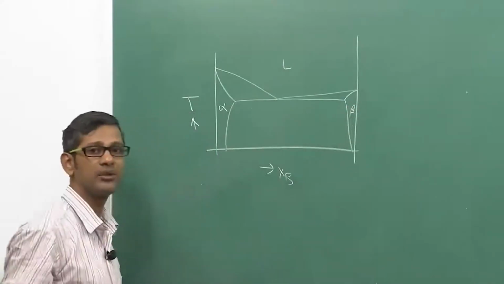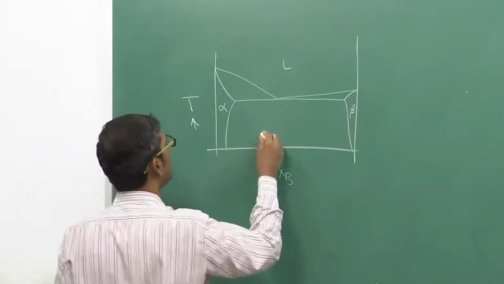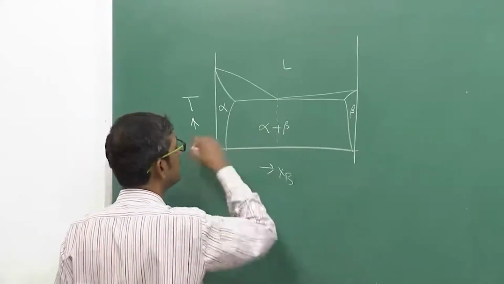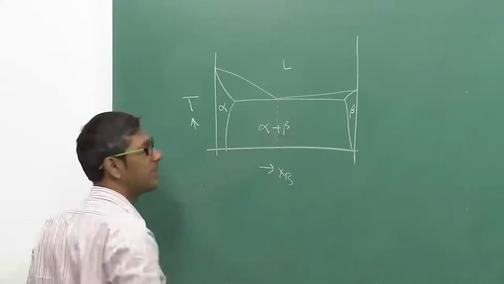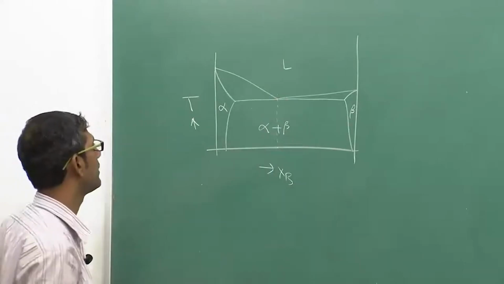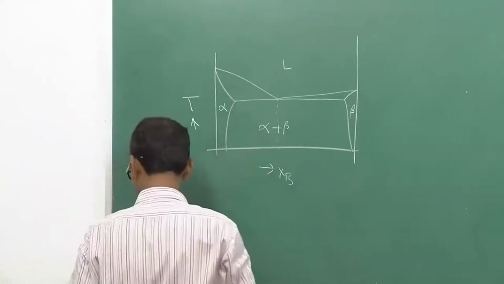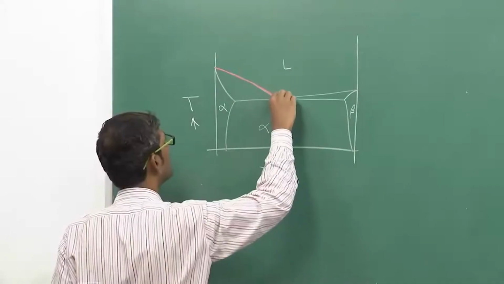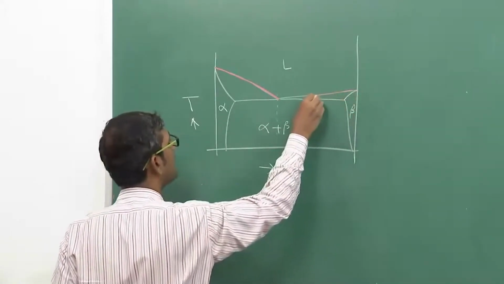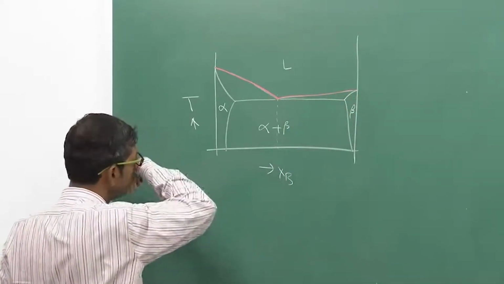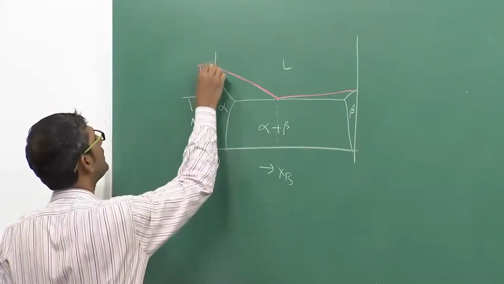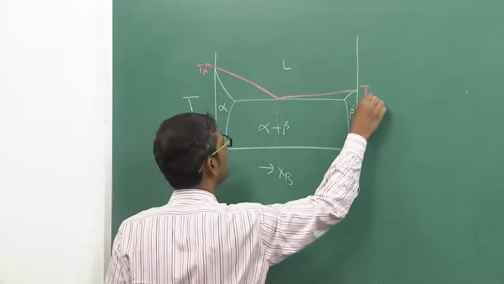So alpha and beta are the two terminal solutions, and eutectic is basically the lowest melting solid in this phase diagram. As you see here, both the liquidus lines are going down and meeting at a point whose temperature is lower than the melting temperature of pure A and of pure B.